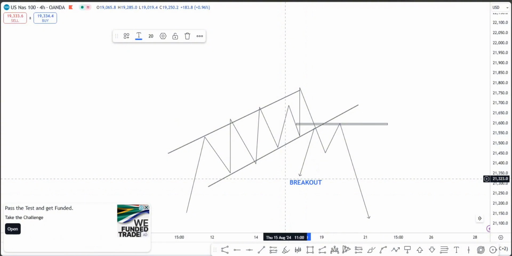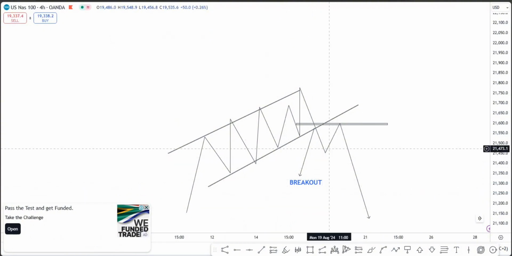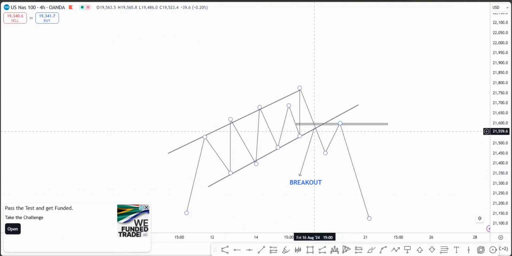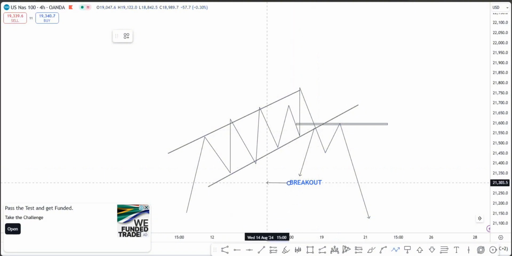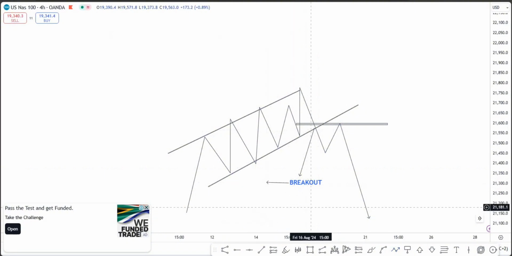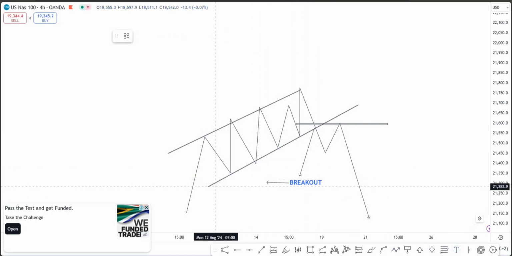So as there's a breakout here, there are those that are gonna take sells here. For you to take sells once the market breaks here, it's a risk entry. On the breakout, it's a risk entry.